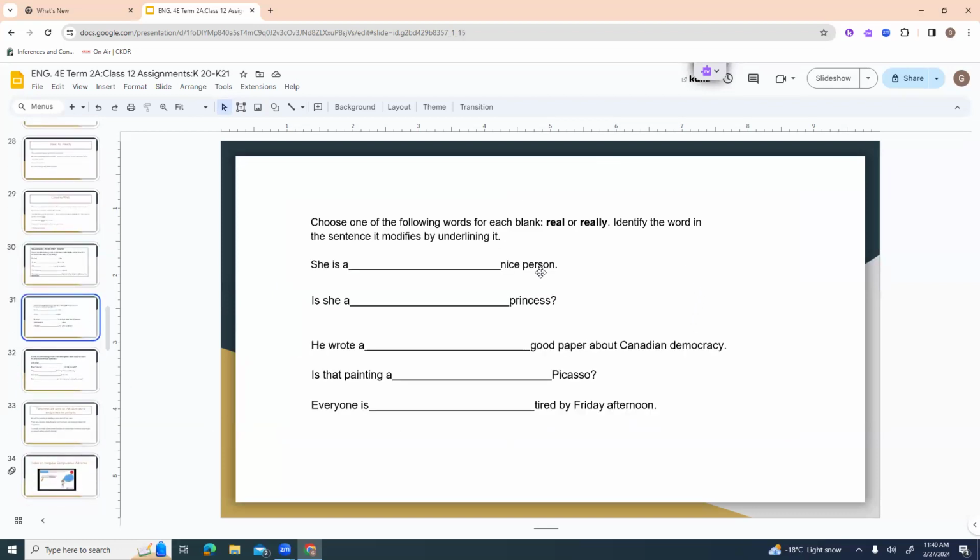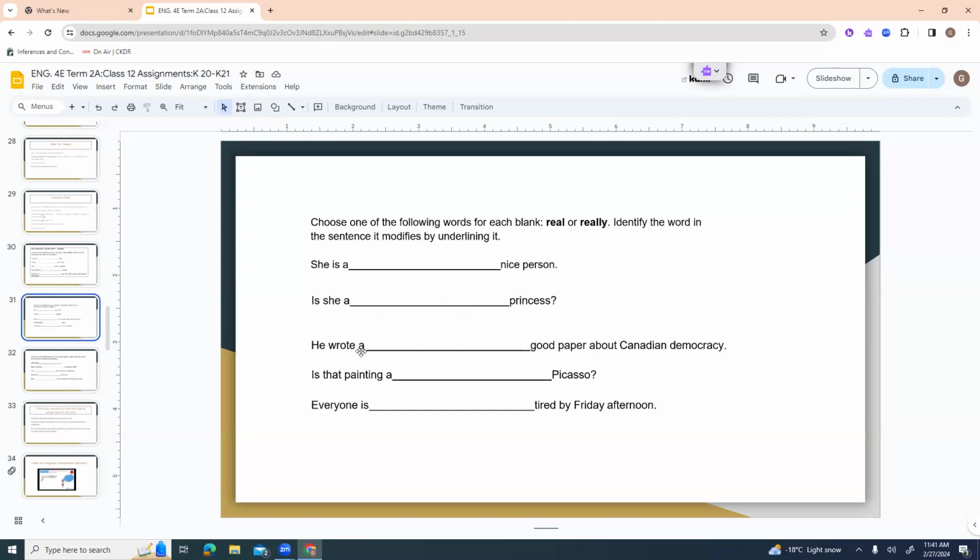Okay, looking at the next set. For this set, the next 5 are all about using the word real, which is the adjective, or the word really, which is our adverb. She is a real nice person, or she is a really nice person. Now, again, are we talking about the girl, or are we talking about the action, which isn't much of an action? Is she a real princess, or is she a really princess?